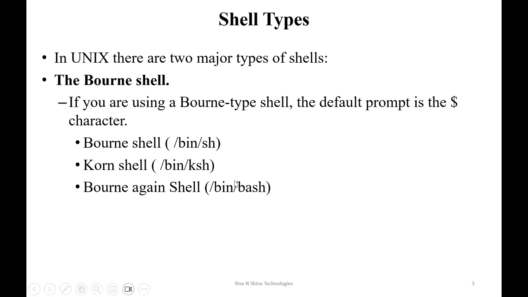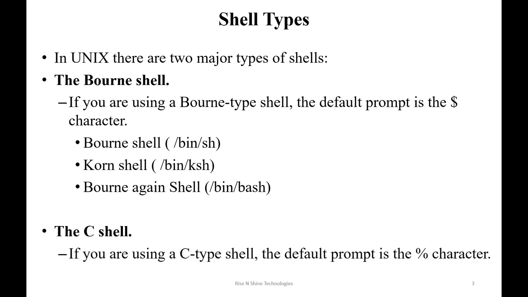So remember these two main types. There is also the C type of shell, which means you can write shell scripting with C programming syntax. If you use the C shell, the default prompt is the percentage character.